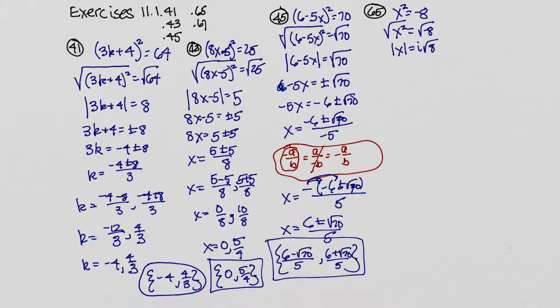This will give us x equals, now we get plus or minus. Now, square root of 8, 4 times 2. Square root of 4 is 2. I'm going to write this as 2i square root of 2. And that's it. We're done. So I'll write it in set notation. It's going to be negative 2i square root of 2 and positive 2i square root of 2.